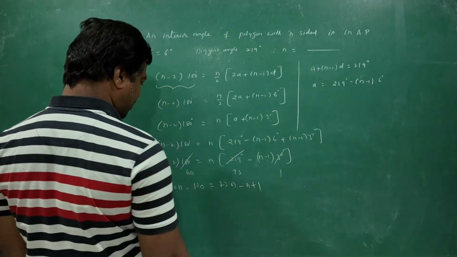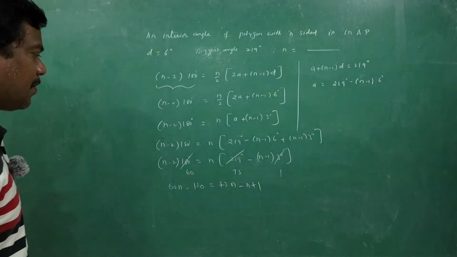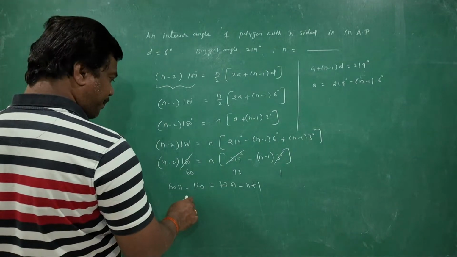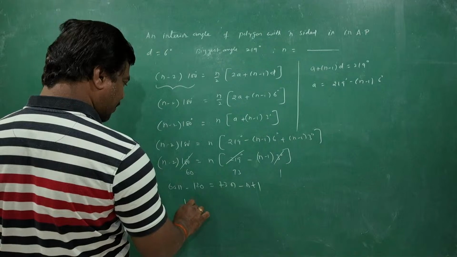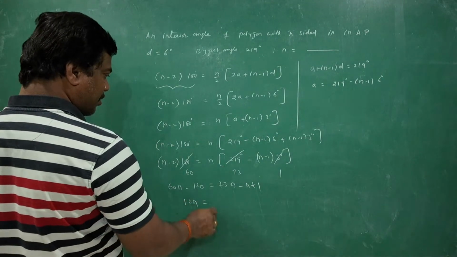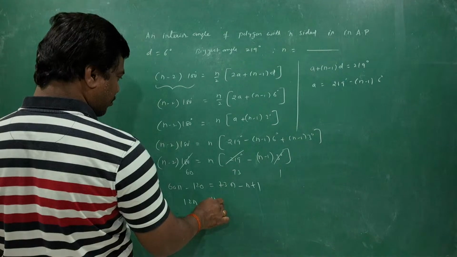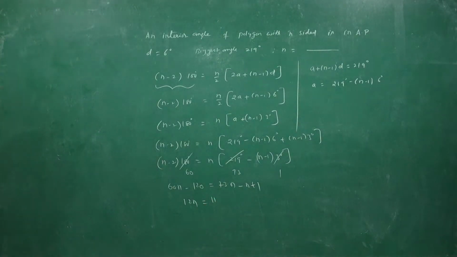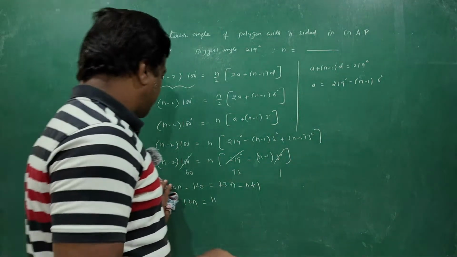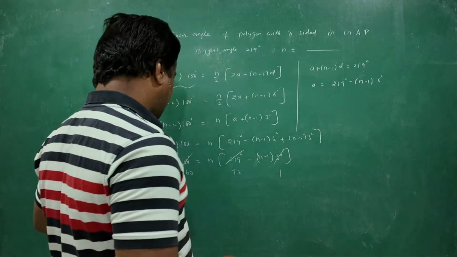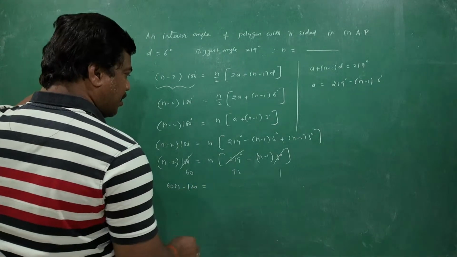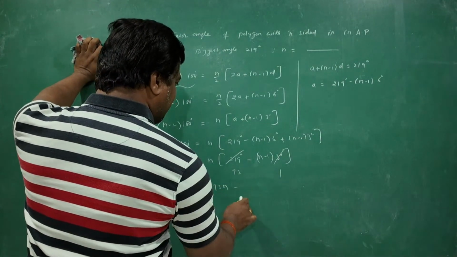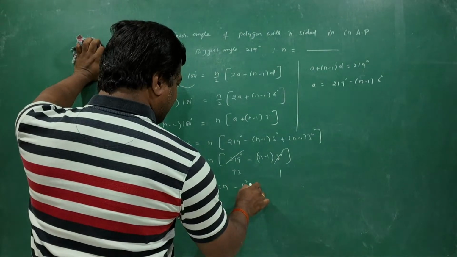minus n into n minus 1. Now it becomes 60 times n minus 120 equals 73n minus n square plus n.